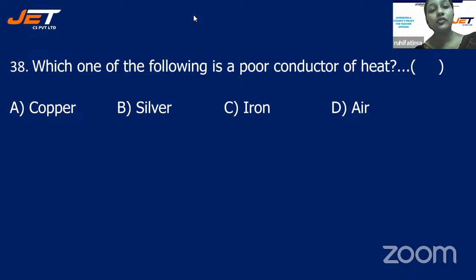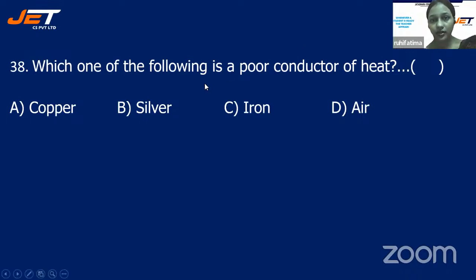Which one of the following is a poor conductor of heat? And your options are copper, silver, iron, and the last one is air. Poor conductor of heat. Come on, students. Let me see the responses.